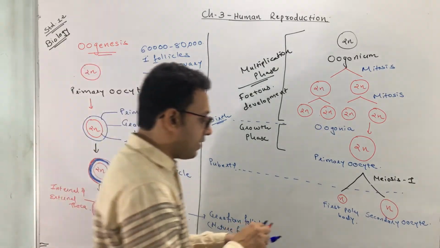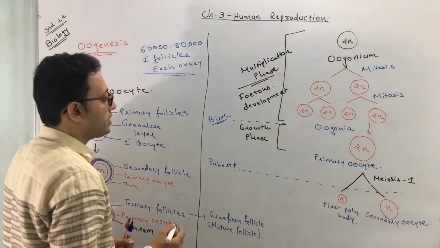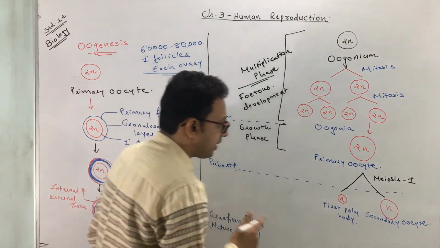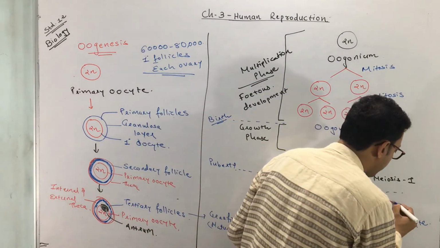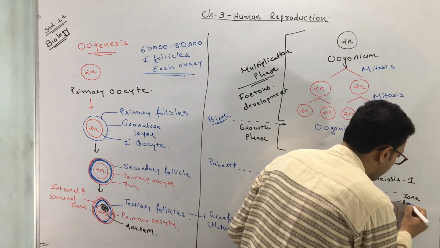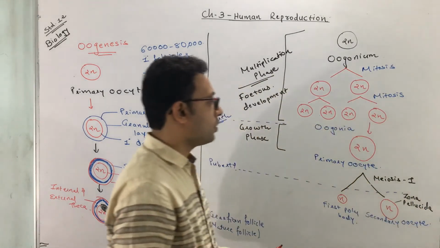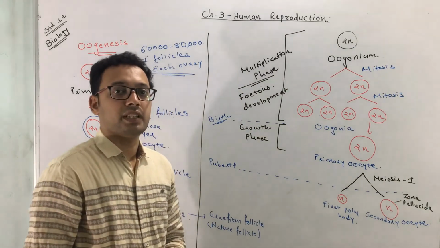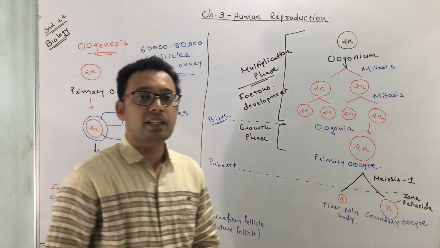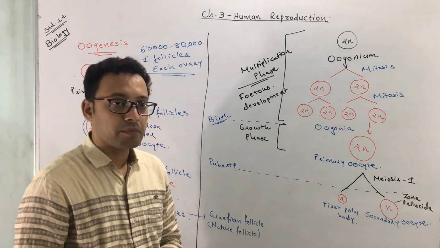There is a development of one more layer surrounding the secondary oocyte. The new layer which is formed is called the zona pellucida. This is the one more layer formed surrounding the secondary oocyte.